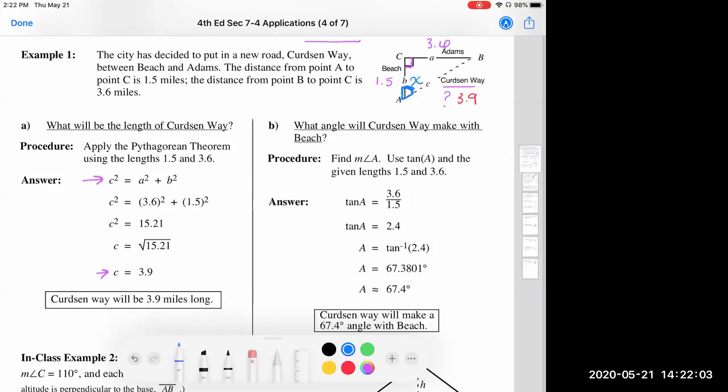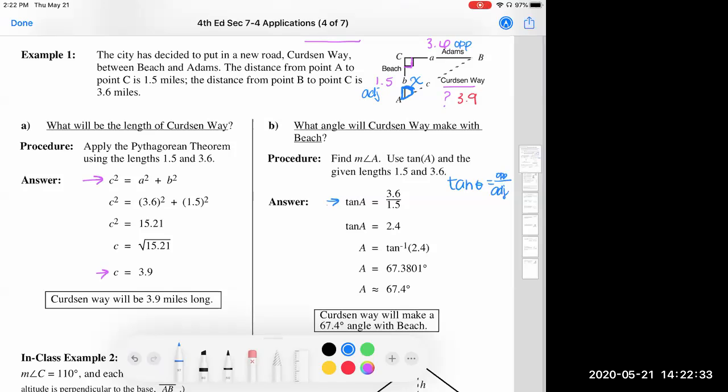So here it does tangent. And I'll make a little note that tangent theta is made up of opposite over adjacent. So let's label those pieces. Opposite angle x would be 3.6, and adjacent would be 1.5. 3.9 is the hypotenuse. Though it is adjacent, it's a special type of adjacent, so don't forget that.